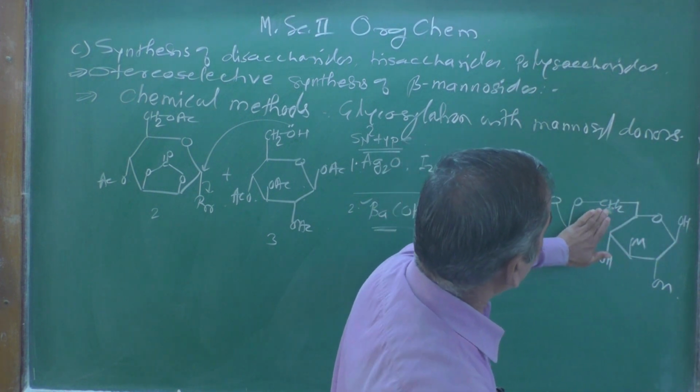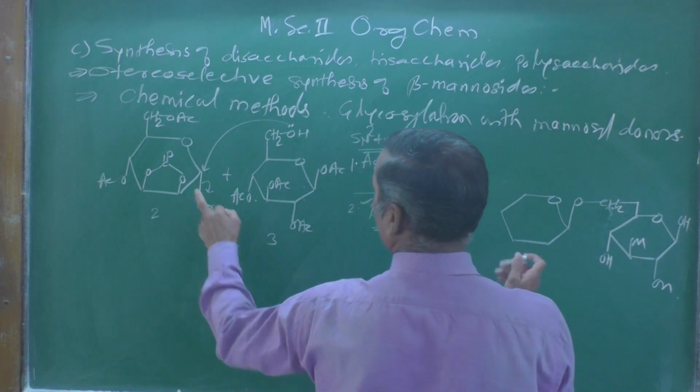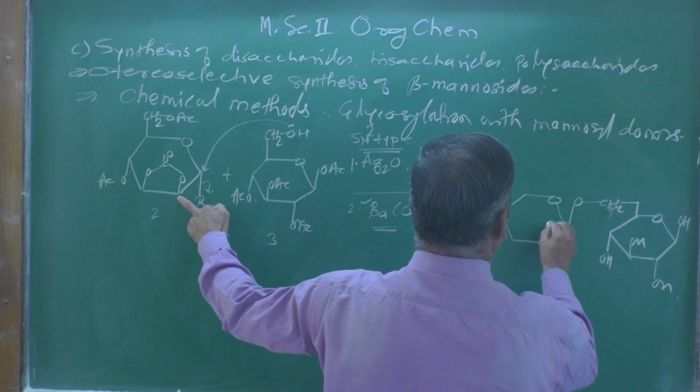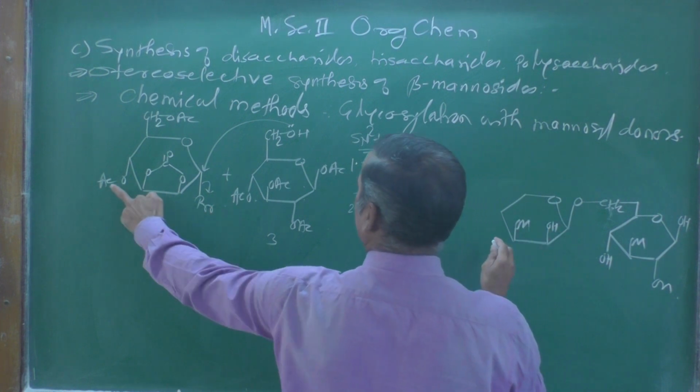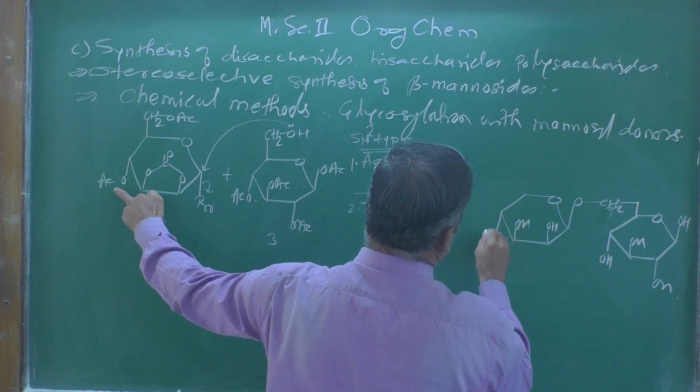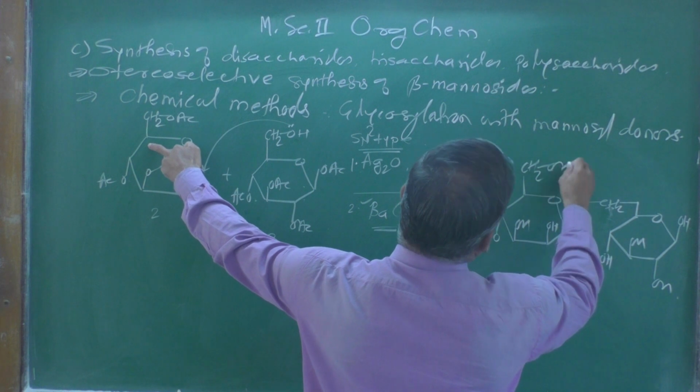The joining of that link is over here, and now here this is a hydroxyl group, and here also a hydroxyl group, this O-acetyl hydroxyl group, and here also becomes a CH2OH.